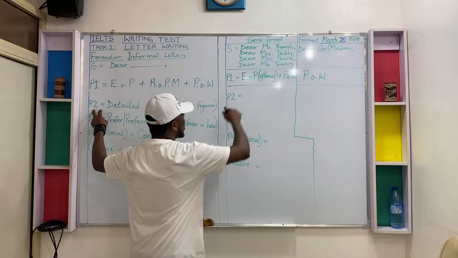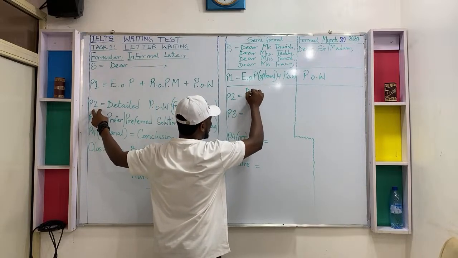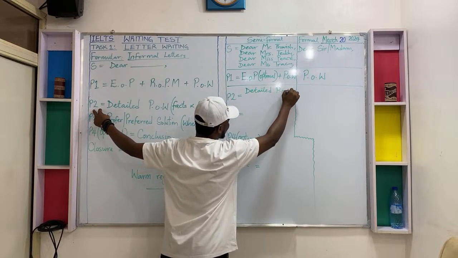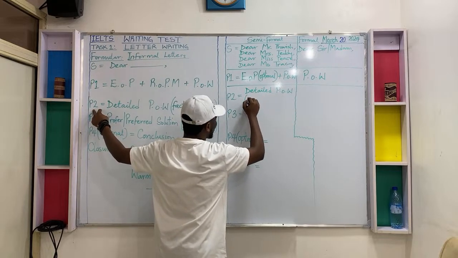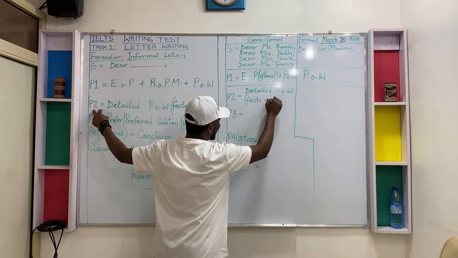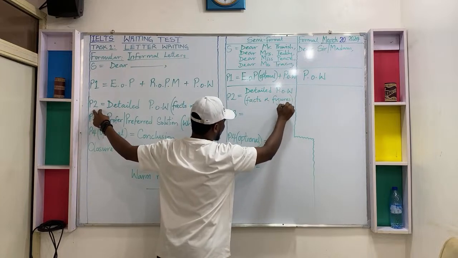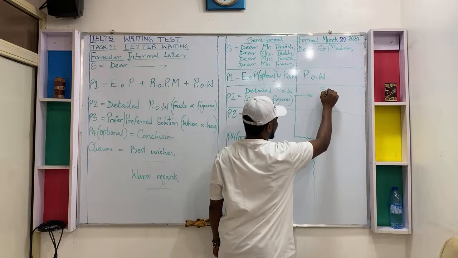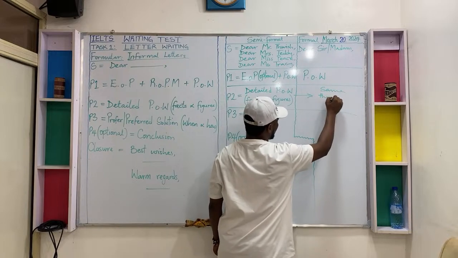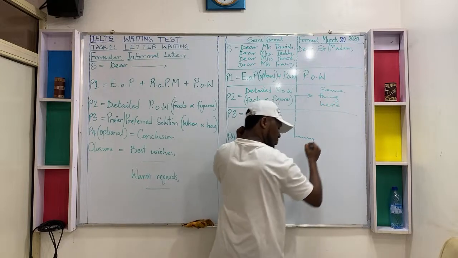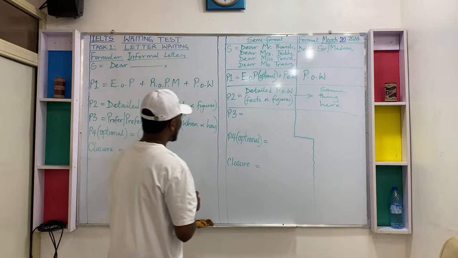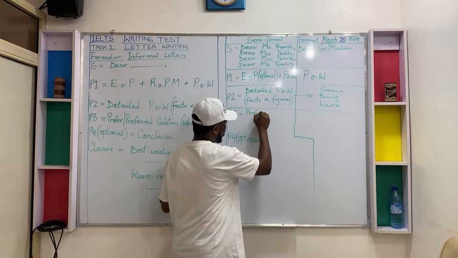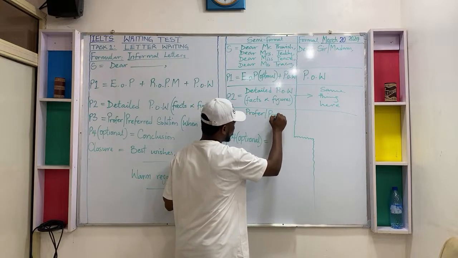Then for paragraph 2, in a semi-formal letter, you are talking about your detailed purpose of writing. And this would require you to bring in facts and figures. The same thing is applicable here. Then when you go to paragraph 3, we are talking about stating your preferred solution.